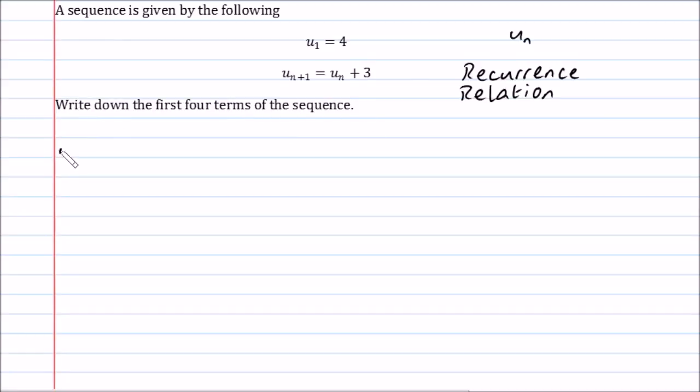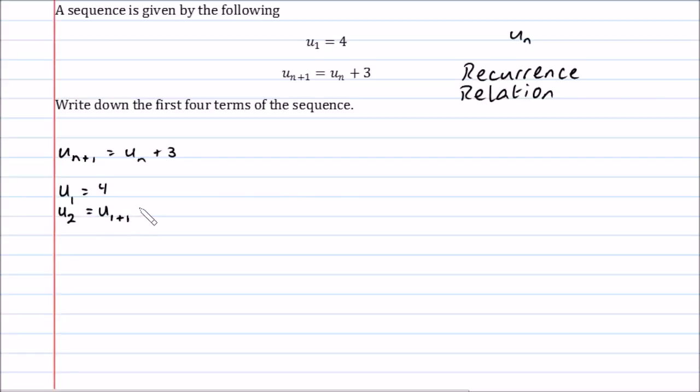Alright, so we know that un+1 is equal to un plus 3. We know u1 is equal to 4, our first term. So u2 is u of 1 plus 1, right? That's still 2.